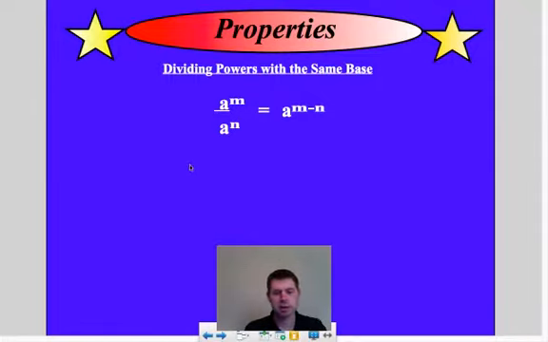Now, a lot of questions come up, well, why do we do this? If I give you an example, let's say we had x to the third over x to the second. We learned back in section 7.1 that what we can do is bring things to the top, take things to the bottom, and change the exponent from positive to negative.